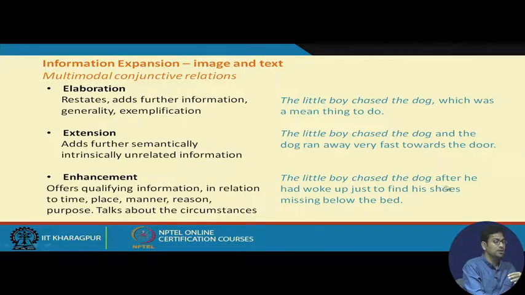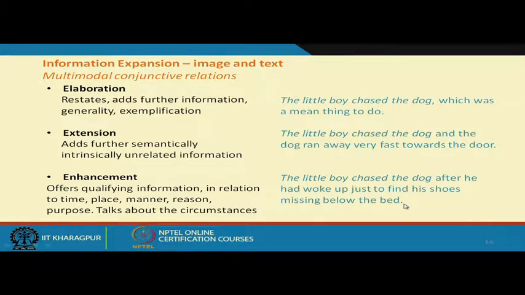The little boy chased the dog after he woke up just to find his shoes missing below the bed. So, these are additional qualifying information based on time, place, situation, manner. So, what happened to the boy before this and something like that. So, this is the enhancement part, we are enhancing the thing. This is continuously happening and we are making use of that.